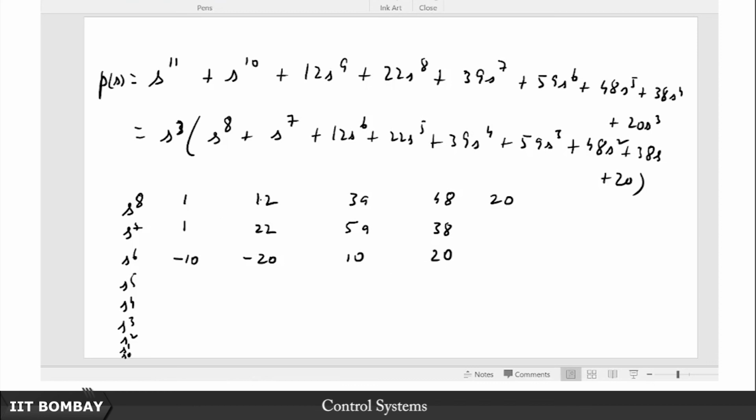This is 1 and 12 minus 22, that is minus 10. So in the next row, let us just cancel out these zeros here. We do not need these zeros here. We can just scale it down by 10.